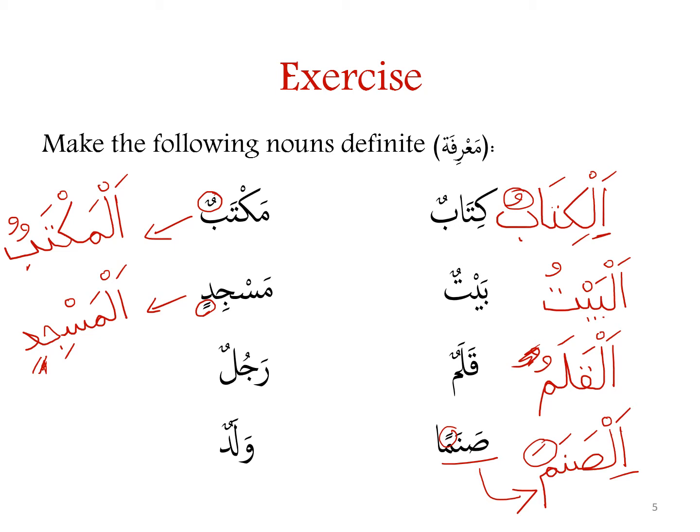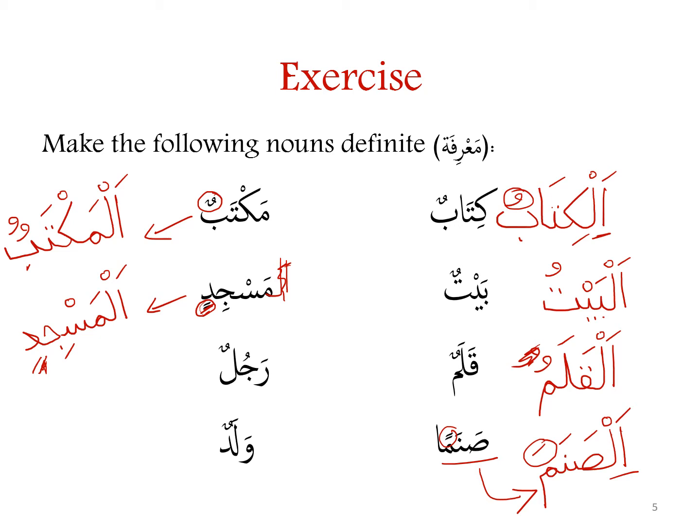Now if we're referring specifically to an indefinite noun, we can never have an alif lam with the tanween like this. So the reverse is also the case. There are cases when we have no alif lam and a single haraka, but we'll get to that later.